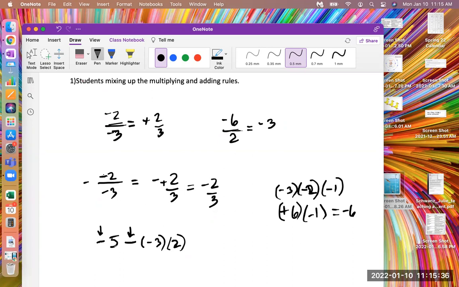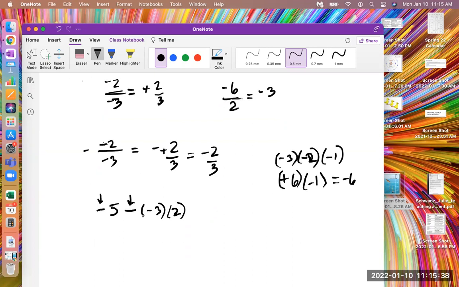So really here, we'd have to do order of operations, which would tell us to do this multiplication first and then do this subtraction. So in this problem, I can't just say, hey, there's 1, 2, 3 negative signs, the answer is going to be negative. We can't do this because this is an addition and subtraction type problem, so we have to use the rules for addition and subtraction here. And we can only apply the rules for multiplication and division in this parentheses right here.